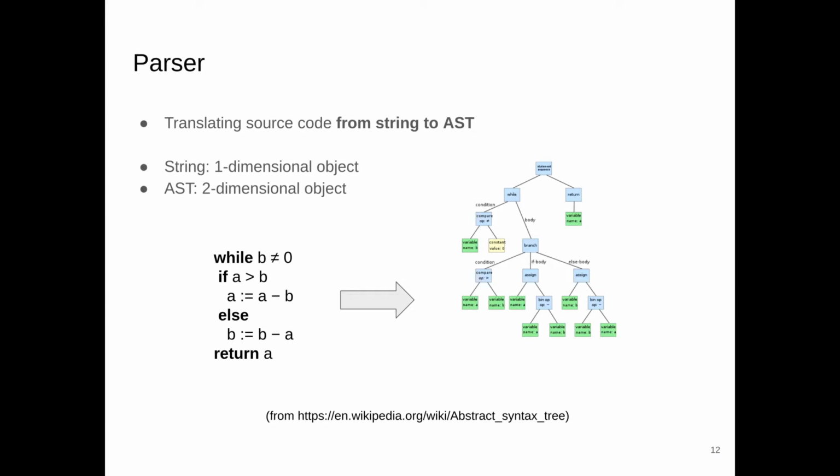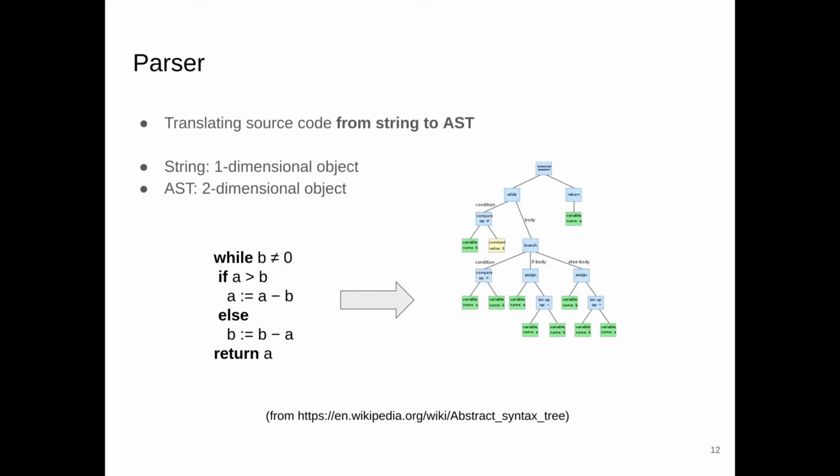So, for example, this whole program is a statement at the root here in the right figure. And it consists of two sub-statements, that is while and return. And while in turn consists of a comparator, b is not equal to 0, and also it has a body that is branching based on the condition of whether a is greater than b or not, and so on.